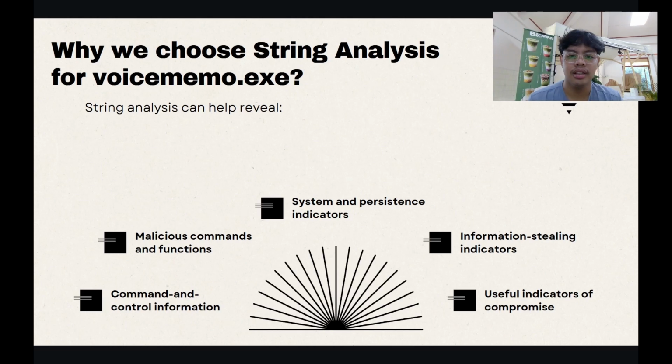So this string analysis can help reveal the command and control information, which means suspicious IP address, domain name, URLs, port, or server name may show how the malware communicate with its attacker.